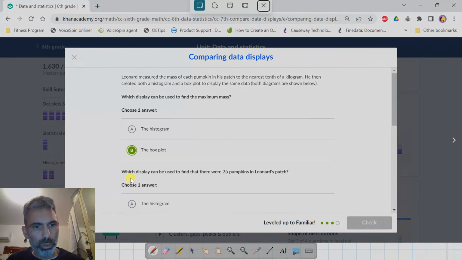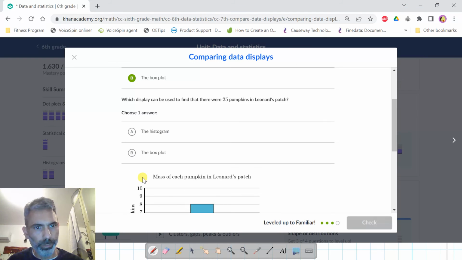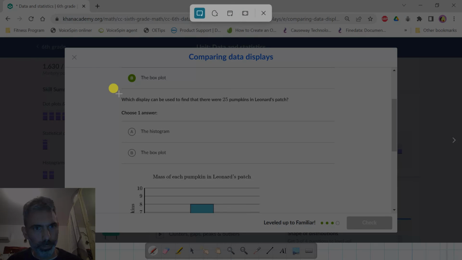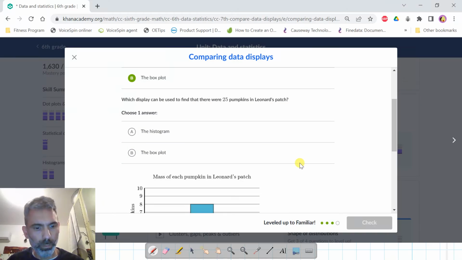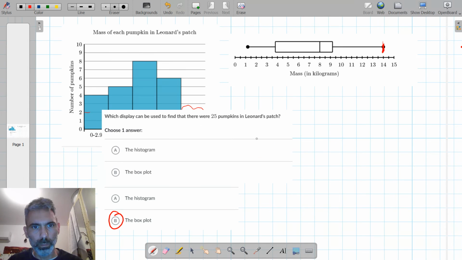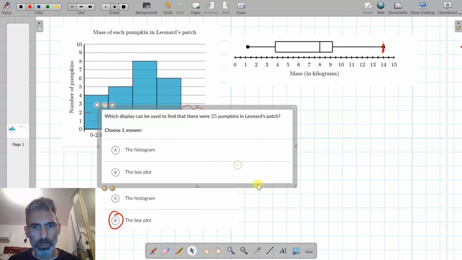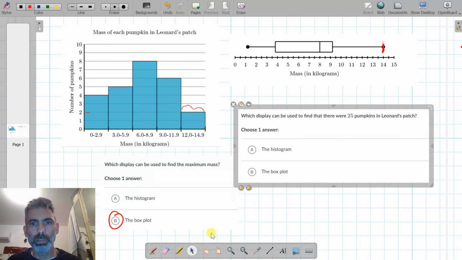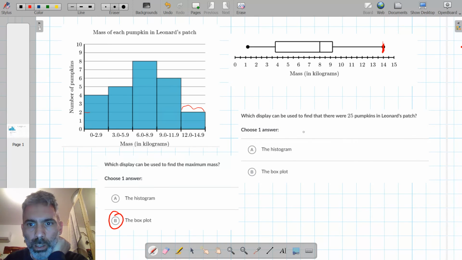And now question 2. Which display can be used to find that there were 25 pumpkins in Leonard's patch?